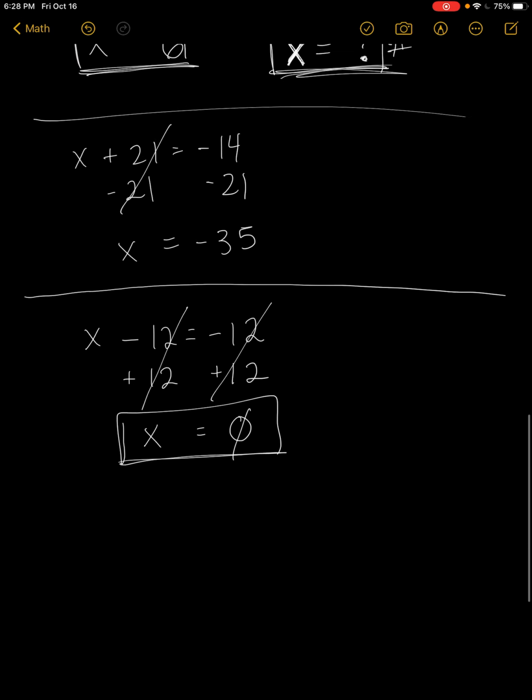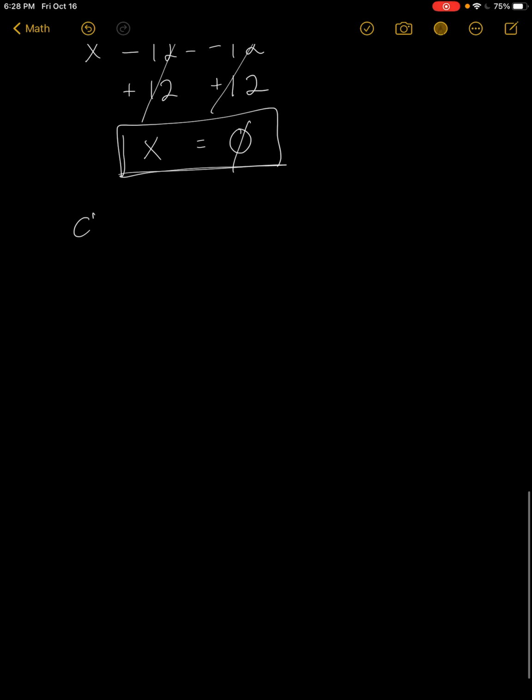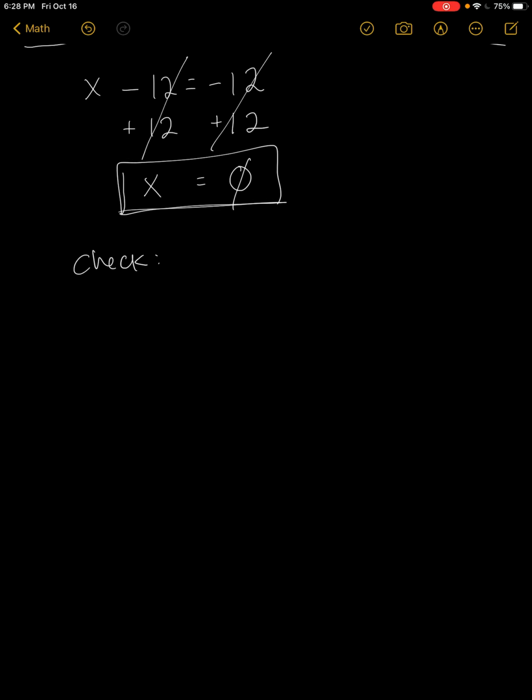All right, and you can actually check all of your answers. If you are not sure if you did the equation right, if you solved it correctly, you can always check, right? So we have our original equation. I just solved, and I know that x equals 0, so I'm going to plug 0 into x. And then I should end up with a true statement where the left side equals the right side after substituting, right?